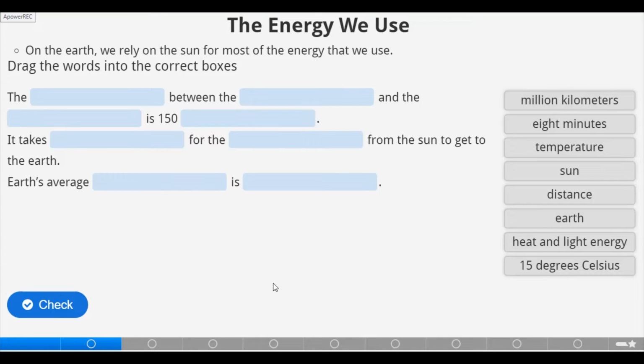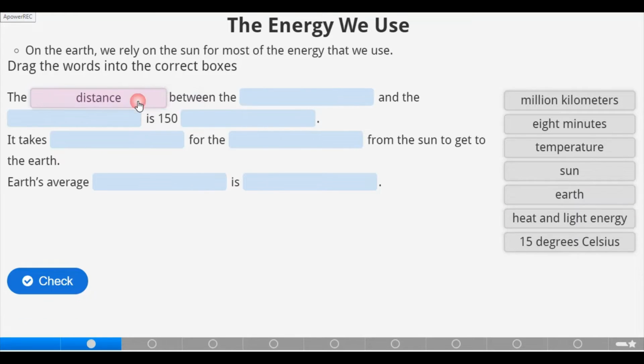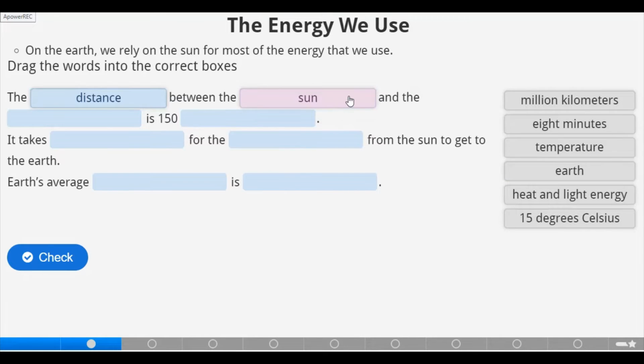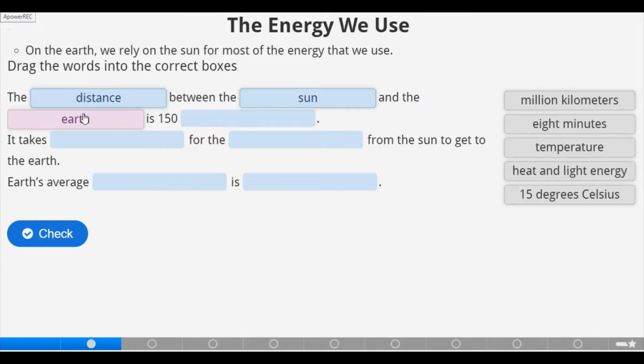Okay? The distance between the sun and the earth is 150 million kilometers.